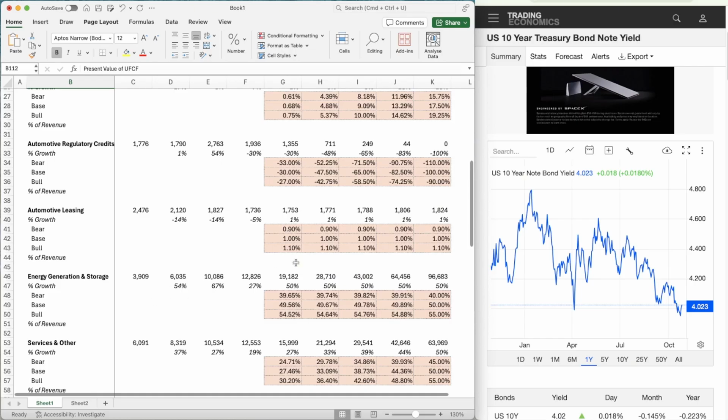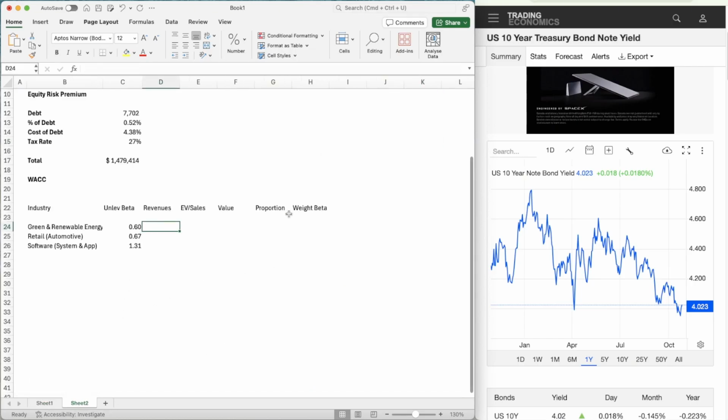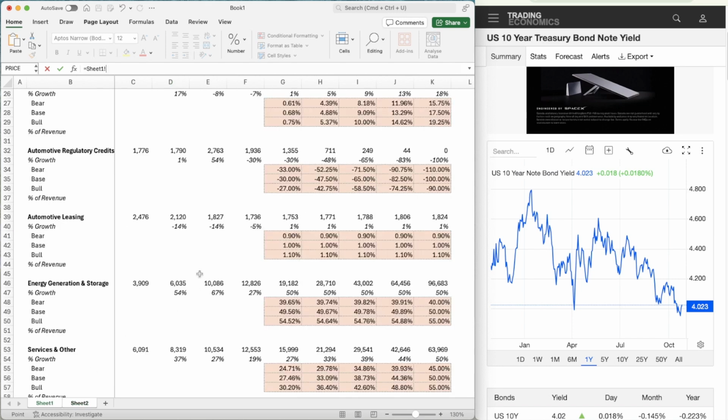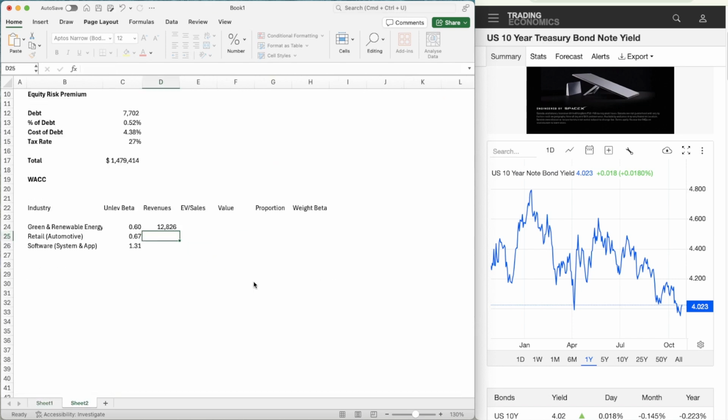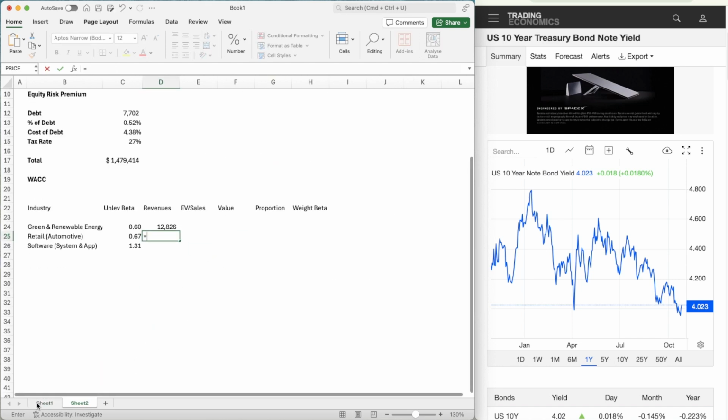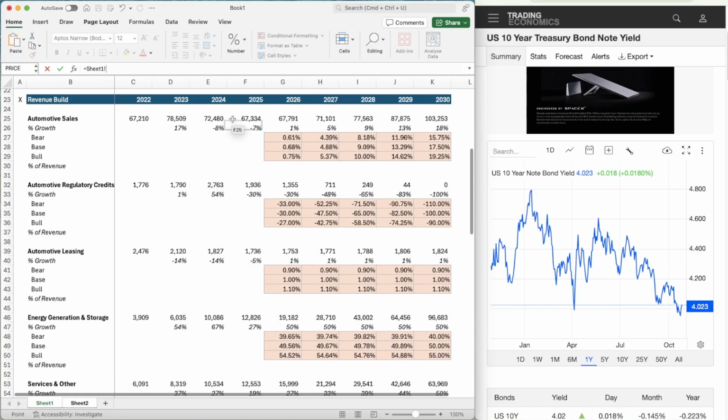So the energy one is straightforward. We just put it equal to this one. Then retail automotive, we will put here.